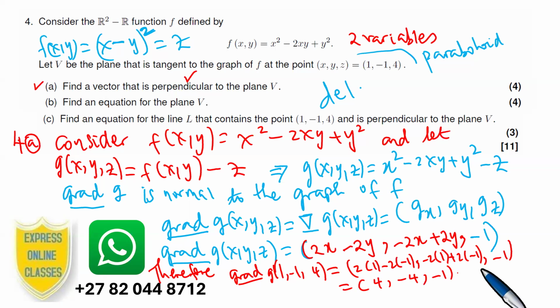And this therefore means the gradient, the vector that is perpendicular to the plane V, is this one.